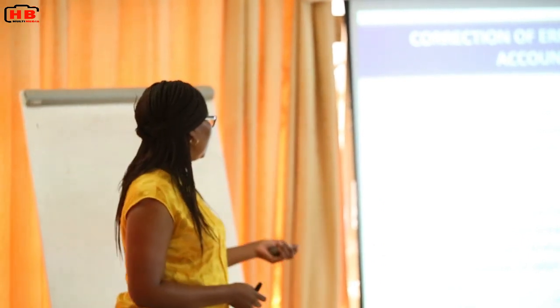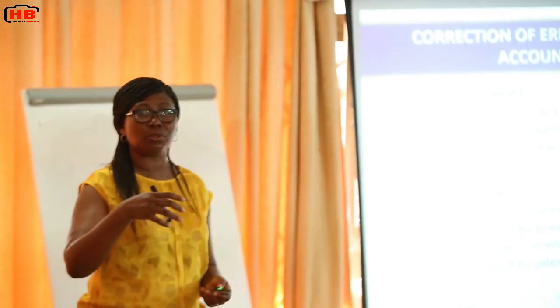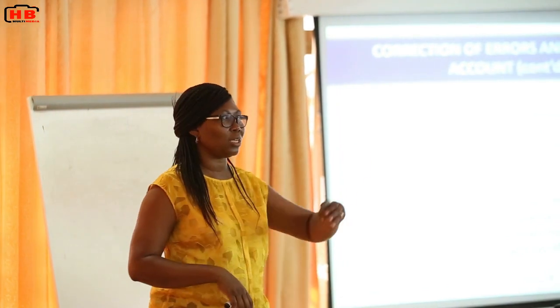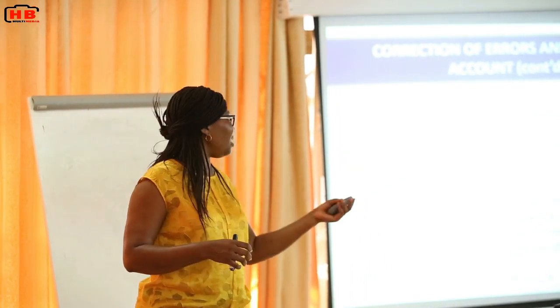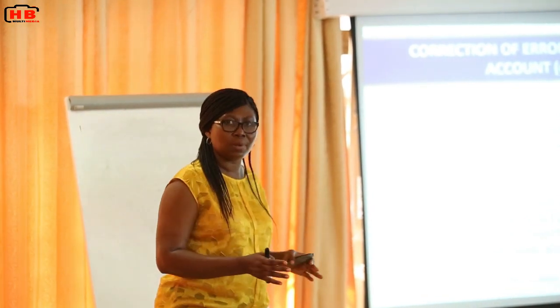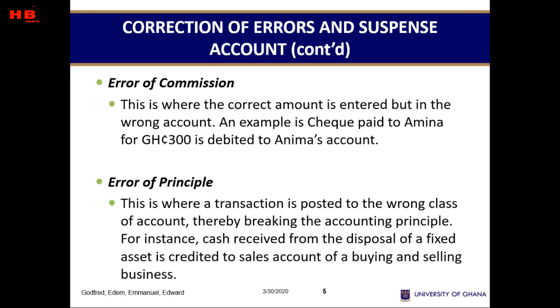Perhaps in recording in Amina's account, you sent it to Inime's account. In recording in Kojo's account, you send it to Kwabene's account. That is termed an error of commission. The figures remain the same. And so the reality is that it is the individual accounts that are affected. The trial balance will still agree.